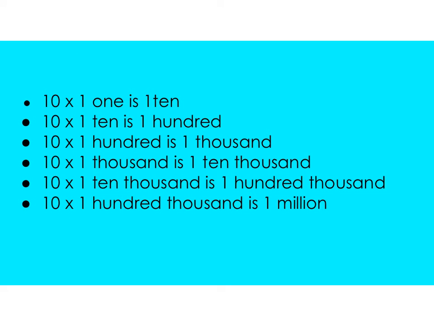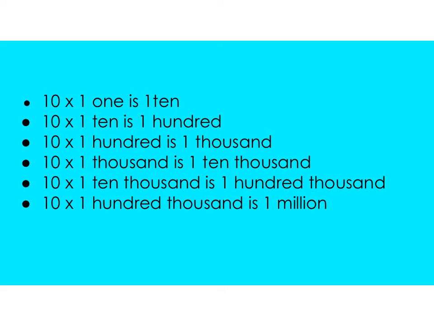The process that we just walked through with our place value charts, we can represent in sort of a pattern. 10 times 1 is 10. 10 times 10 is going to equal 100. 10 times 100 is going to equal 1,000. 10 times 1,000 is 10,000. 10 times 10,000 is 100,000.